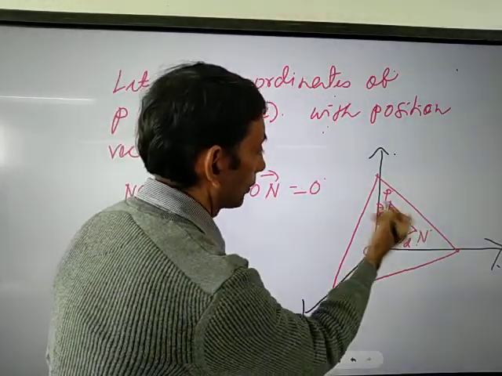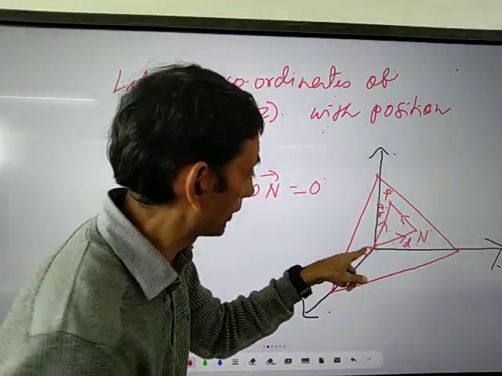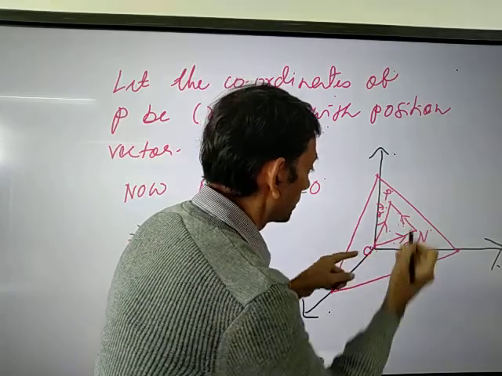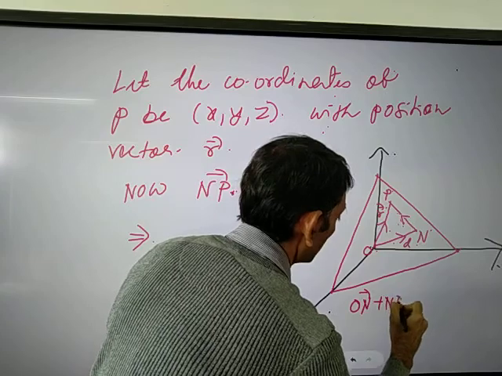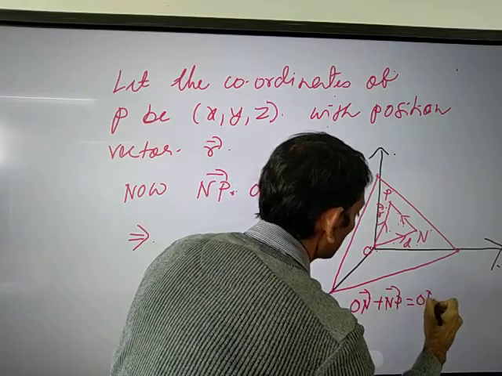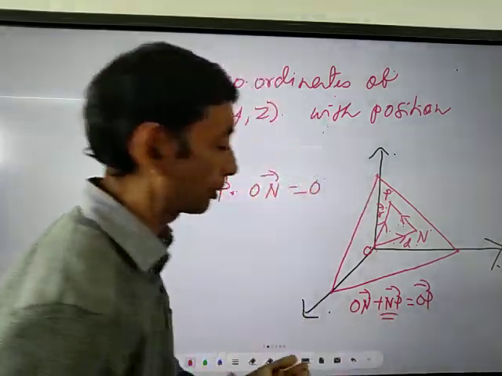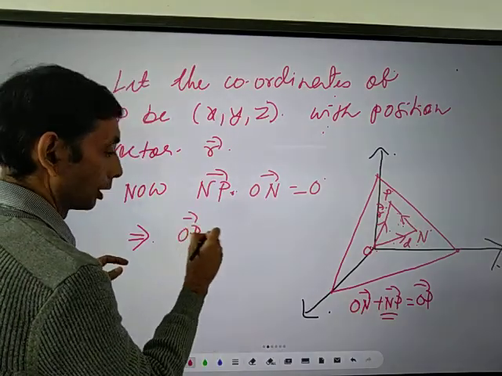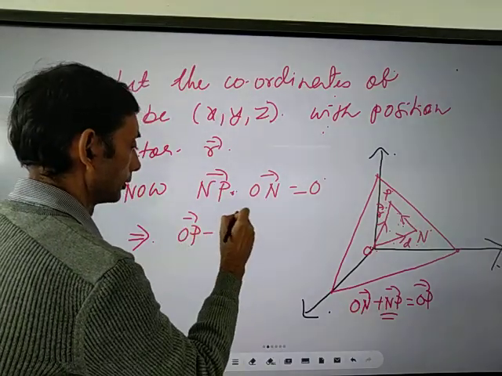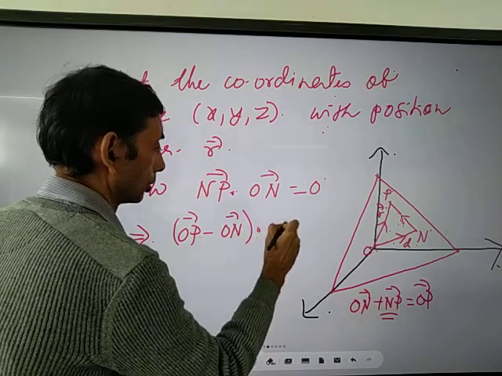Now we just find the value of NP. If you use the triangle law of addition in triangle ONP, we can write ON plus NP is equal to OP. So therefore NP can be written as OP minus ON. So (OP vector minus ON) dot ON.